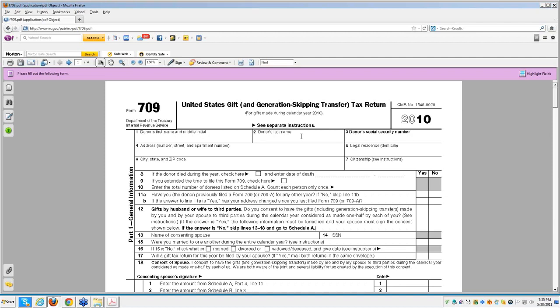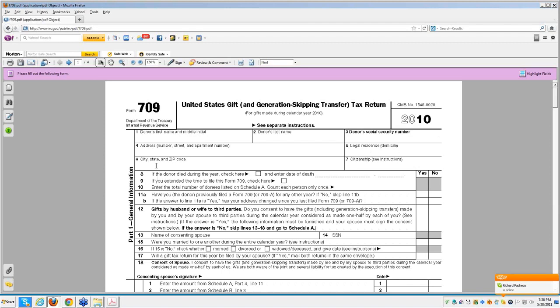Then you put your donor's last name. Okay. Donor's social security number. And that's with the dashes? With the dashes. That's your taxpayer identification number. Okay. Then you put your address here. Okay. Street address. Legal residence, domicile.